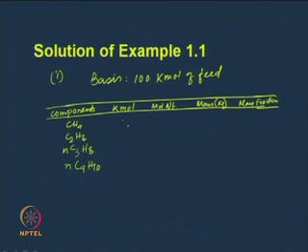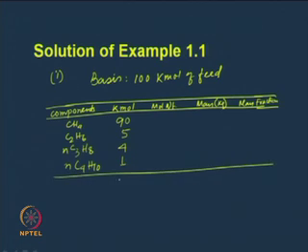As the basis is 100 kilomole of feed, 90% of this component will be 90, 5% of this, 4% of C3H8 and 1% of butane, so the total will be 100 kmol. We know the molecular weights: 16, 30, 40 and then 58.